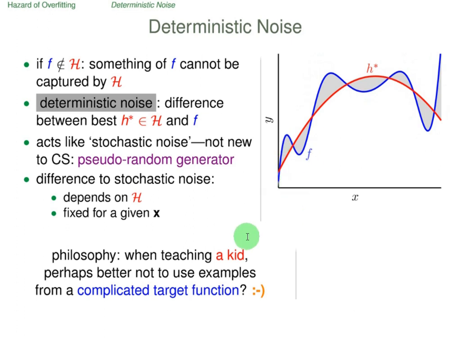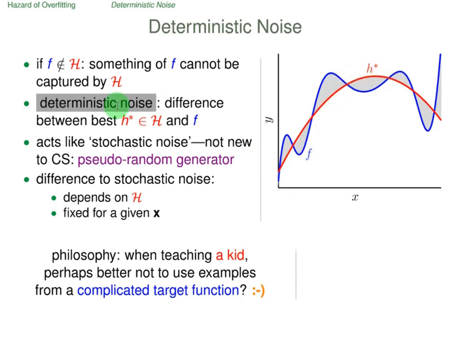This is why we have a hypothesis set and a part of target function that we cannot capture, this shaded area. And there is no point in trying to capture it because we would be detecting a false pattern, which we cannot extrapolate, right, given the limitation of our hypothesis set.